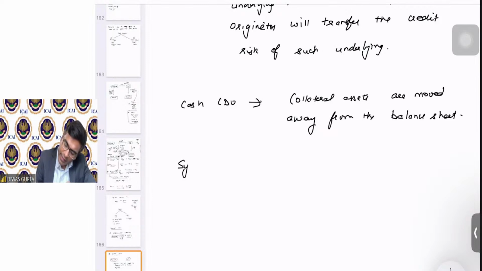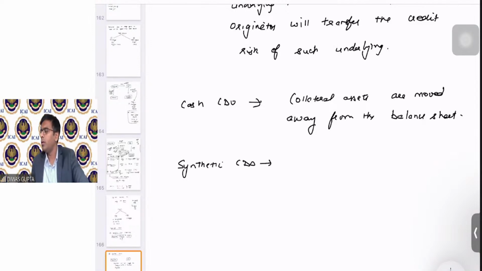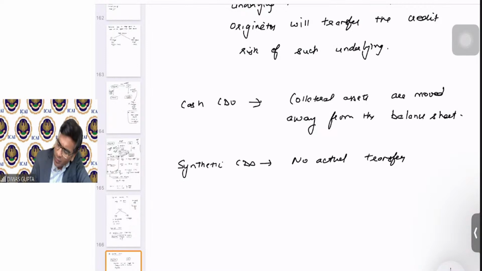In synthetic CDO, there is no actual transfer of assets.